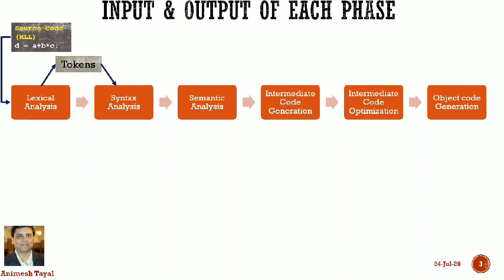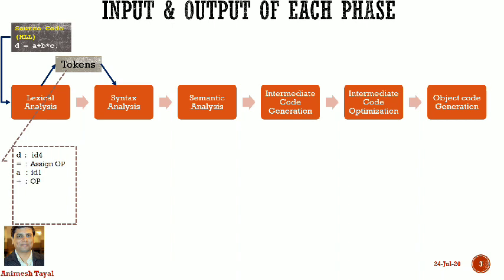According to the given example, if we are converting the complete statement into tokens, so we are collecting the various tokens, like D will be the identifier. We are giving the name ID4. Equal to is assignment operator. A is identifier 1, ID1.